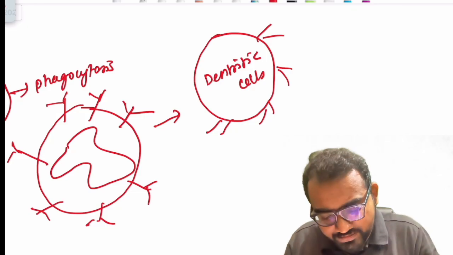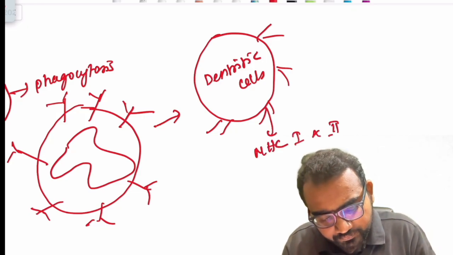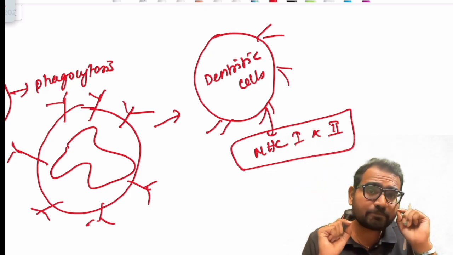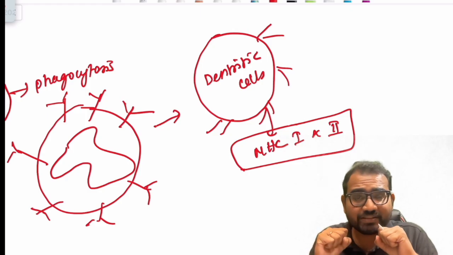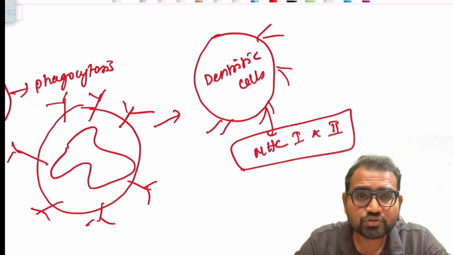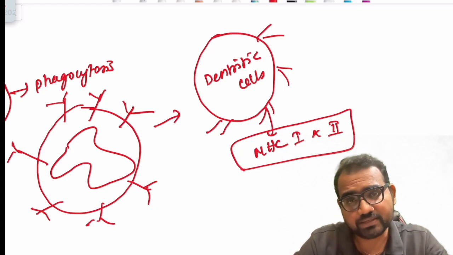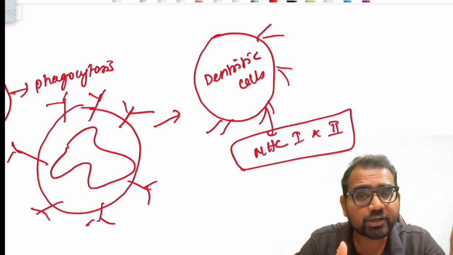So this is called the MHC complex 1 and 2. Dendritic cells will take up the fragments of the bacteria which are phagocytosed by the neutrophils and express them on the outer surface. So via what two things? MHC1 and MHC2 receptors, major histocompatibility complex 1 and major histocompatibility complex 2.